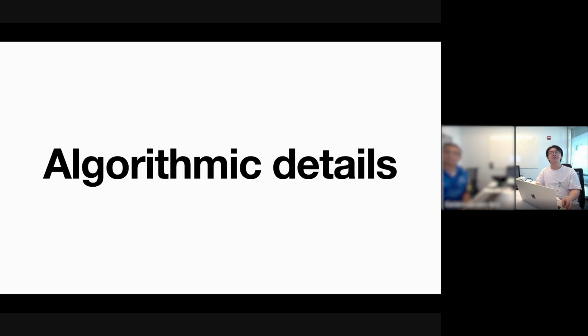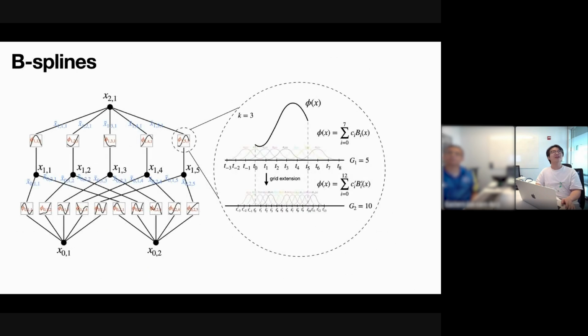All right. So some brief algorithmic details in case you wonder. Actually, they're not that interesting, so I will quickly cover that. I said that we have learnable 1D activations on edges. How do we make these functions learnable?